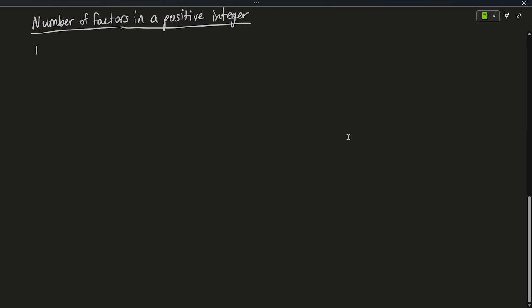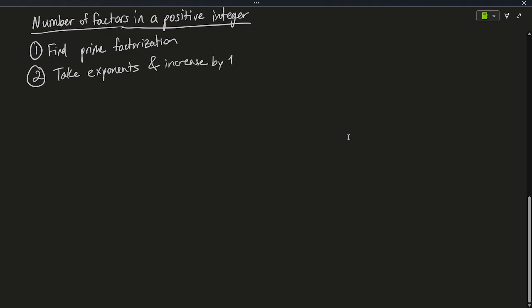So first, you find the prime factorization. Second, you take the exponents and increase each by 1.